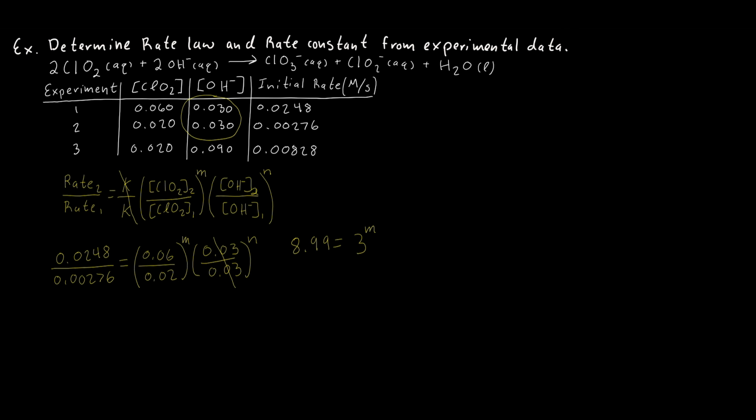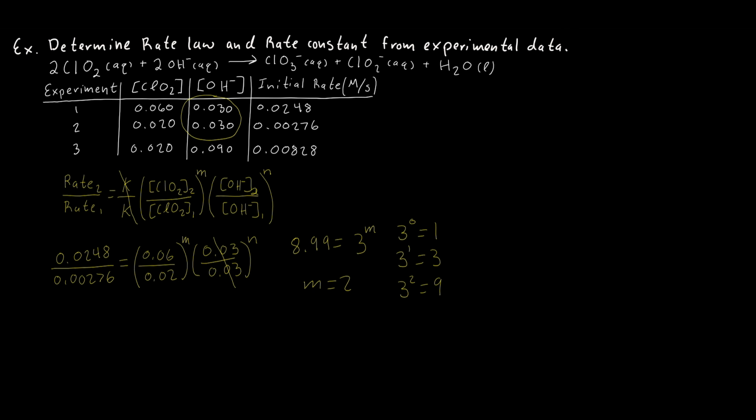Since we know the reaction order with respect to a variable is always 0, 1, or 2, 3 to the 0 is equal to 1, 3 to the 1 is equal to 3, and 3 squared is equal to 9. And so since 8.99 is approximately equal to 9, we can say that m is equal to 2. So our reaction is second order with respect to ClO2.